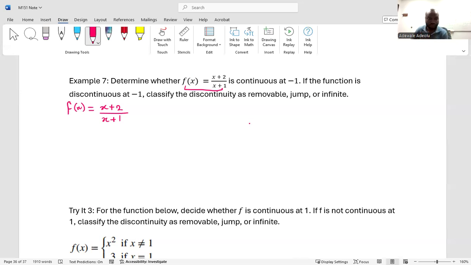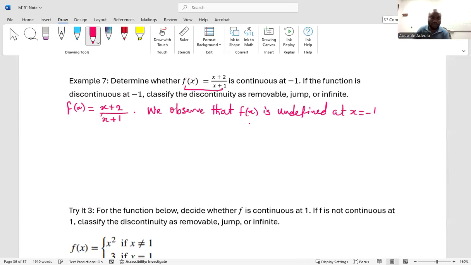Okay, at this point we should be mature enough to see some things without much work. We observe that f of x is undefined at x equals minus 1.